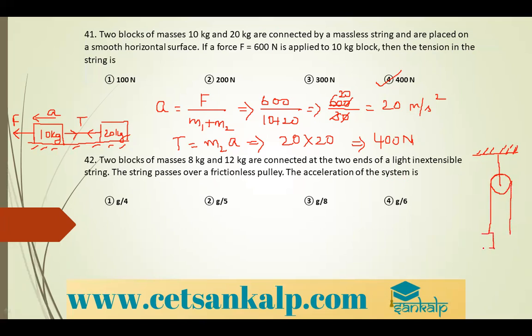One mass is 8 kg, the other one is 12 kg. The tension will be acting upward. So downward you will be having 8g, right? Here again 12g. So the acceleration, one is moving upward.